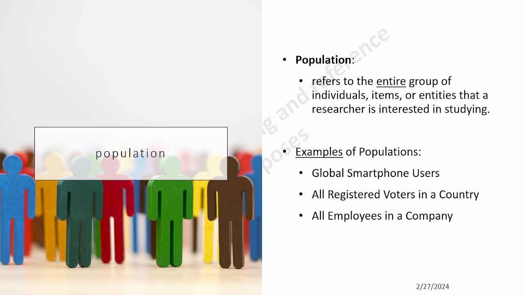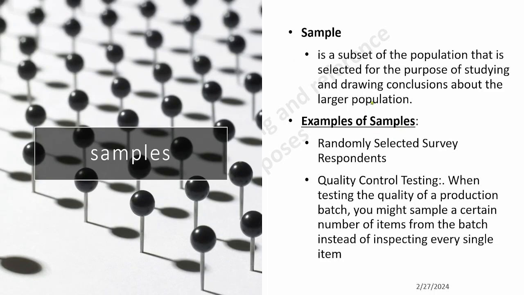Is it possible to get a data set which represents every member? Possibly not. So this is where sample comes in. A sample is a subset of the population, and that is used quite frequently in most of these statistical projects, including data science and machine learning. Some examples of samples would be randomly selected survey respondents and quality control testing.